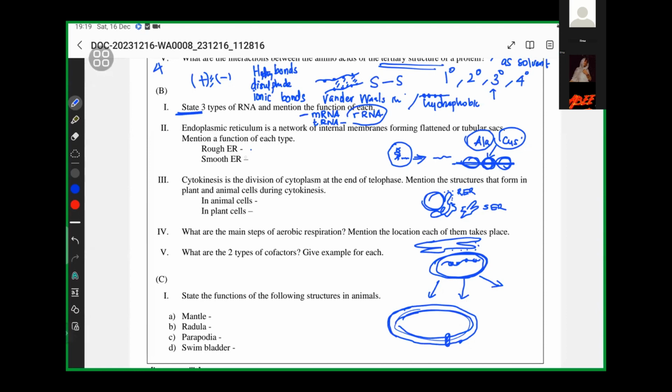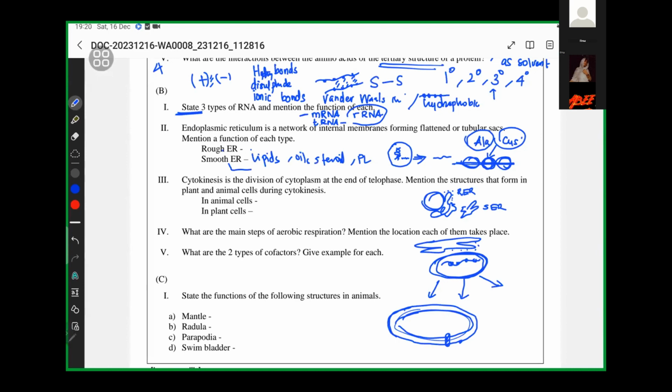And the function of the smooth endoplasmic reticulum is to synthesize lipids. So if the rough ER synthesizes the protein, the smooth ER synthesizes the lipids. What sort of lipids are there? There are oils, steroids, and the phospholipids kind of things.